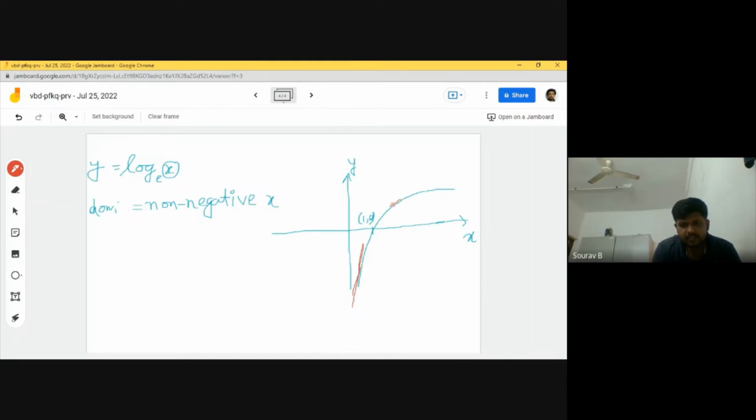Here you can see the slope is less. Here even less. So basically the rate of increment is decreasing.